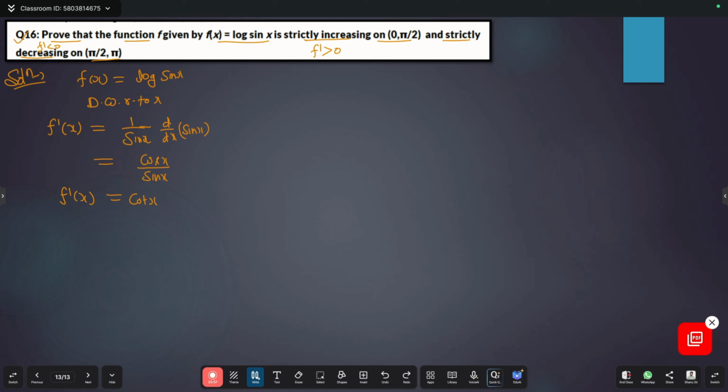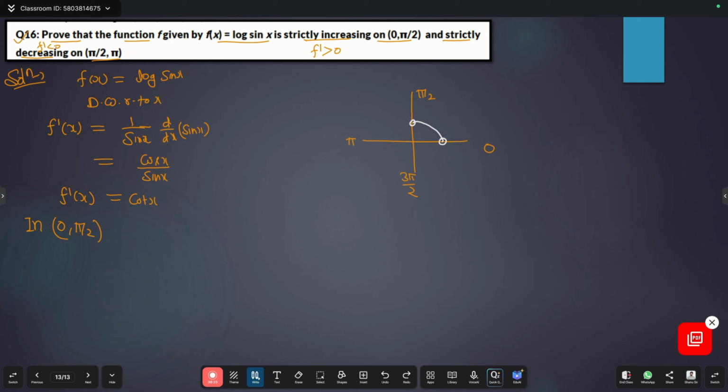Okay. Now check in the interval. First interval 0 to pi by 2. 0 to pi by 2 is the first quadrant. You can see 0, pi by 2, pi, 3 pi by 2. The open interval 0 to pi by 2 means it is the first quadrant. In the first quadrant, every trigonometric function is positive.